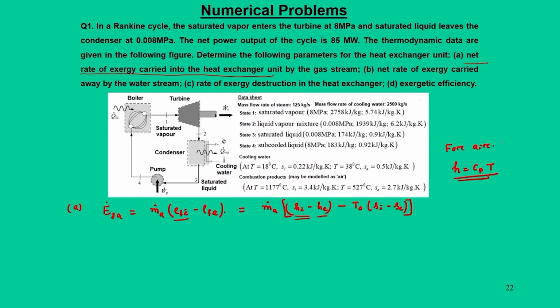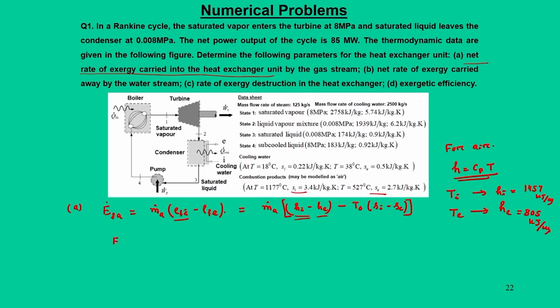We know T I, so this will give you H I, and we know T E, this will give you H E. So, H I and H E we can calculate: H I is 1457 kilojoule per kg, H E is 805. Of course, S I and S E data are already given here.